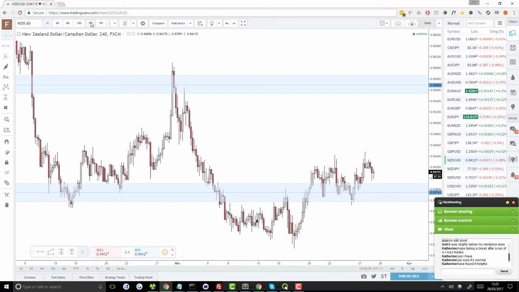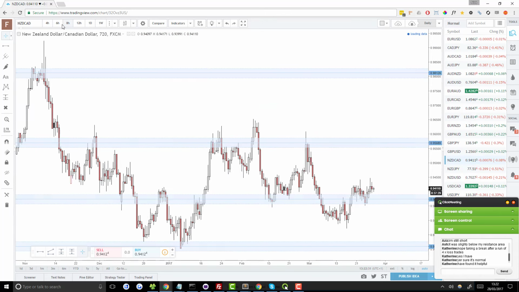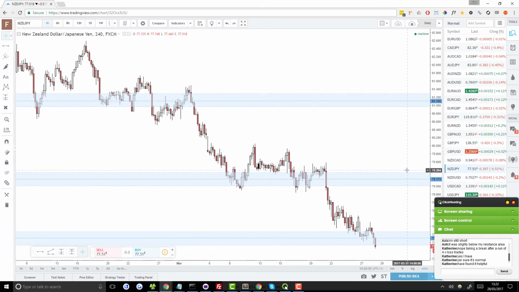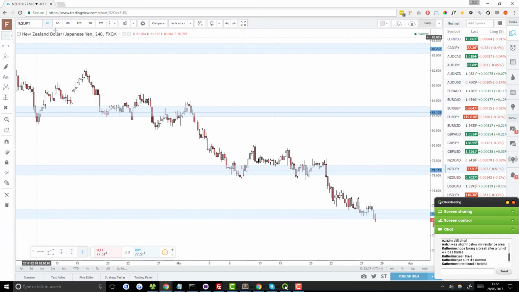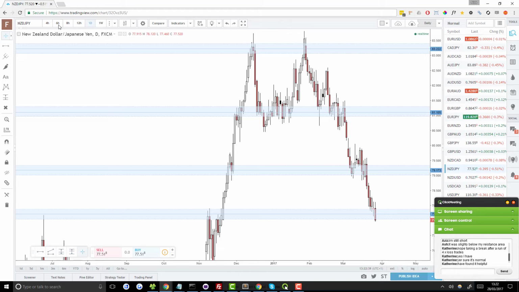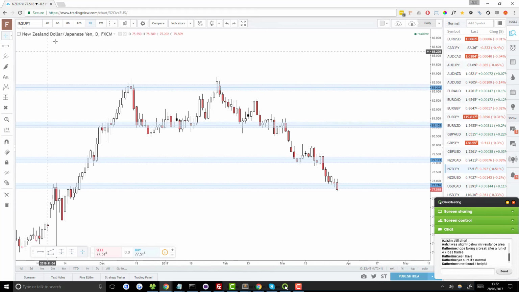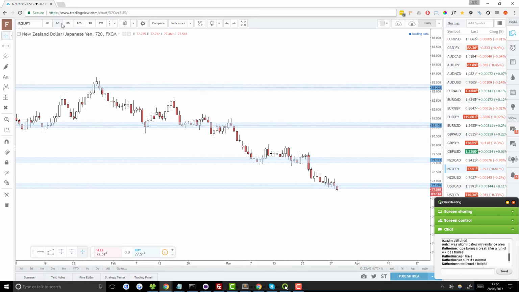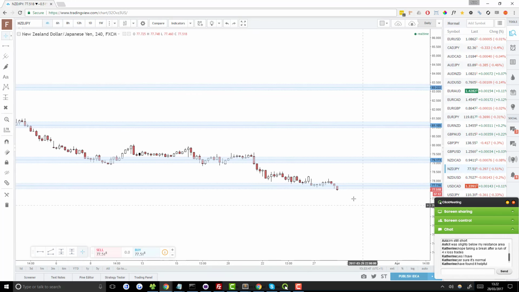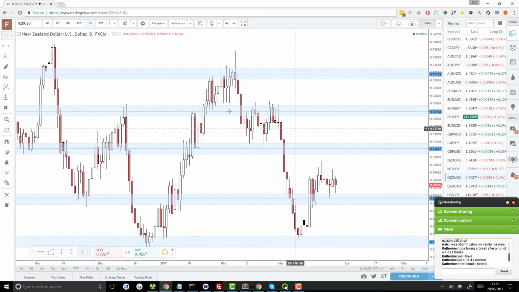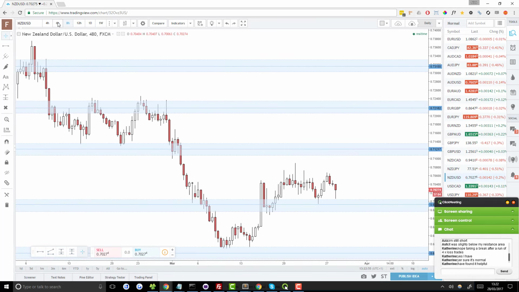New Zealand CAD. New Zealand JPY, okay, that's somewhat interesting. But it looks like it's trending down, so no thanks. New Zealand USD just stuck between two support resistance areas.